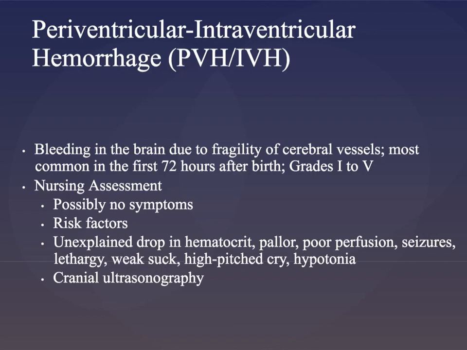Things that I might see in my assessment are an unexplained drop in hematocrit levels, pallor, poor perfusion, a child that's having seizures, lethargy, weak suck, that neuro cry, and they're hypotonic. How do I find out they have this hemorrhage? Ultrasound. I've got to look at that brain, because that brain is going to tell me everything. Okay, and then we're going to see how much fluid is built up.